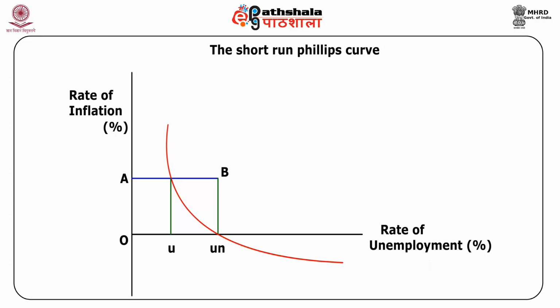Suppose the economy is at U_N where inflation is zero and the government decides to increase aggregate demand through fiscal or monetary expansion. At the initial level of output, this additional demand causes inflation to rise from 0 to π1. As the real wage falls, firms are encouraged to produce more.